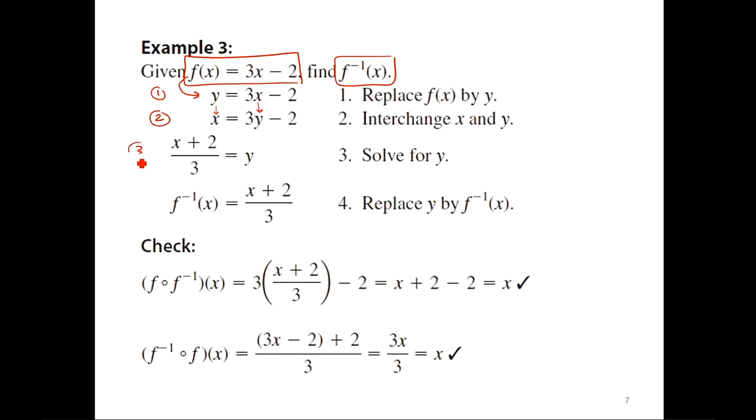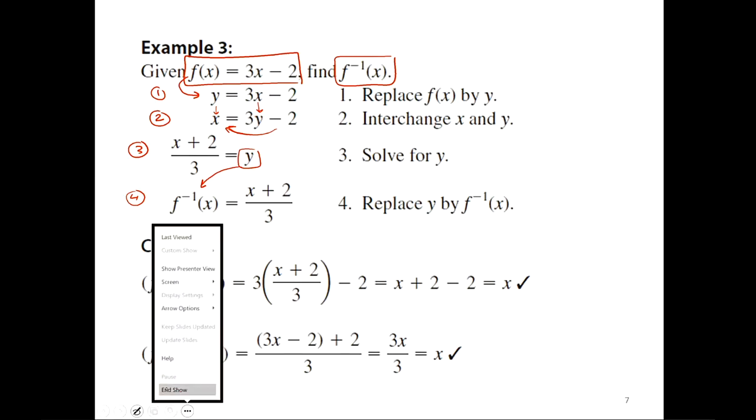The third step, move -2 and divide by 3 because we need y alone on one side. So y equals x plus 2 over 3. The last step, this y is the value of the inverse. So f inverse equals x plus 2 over 3.